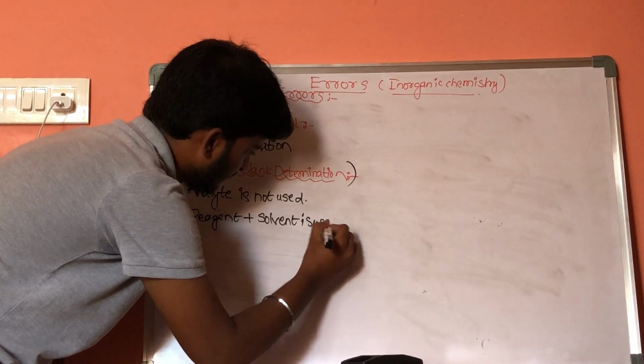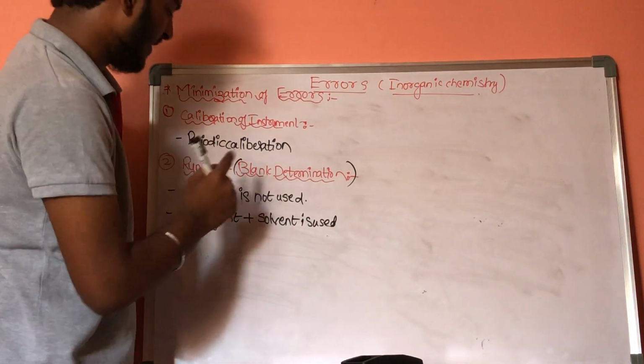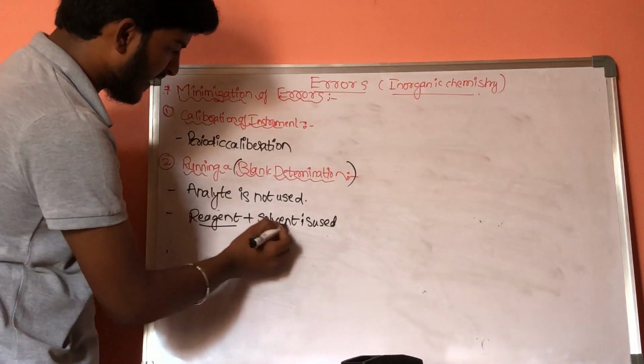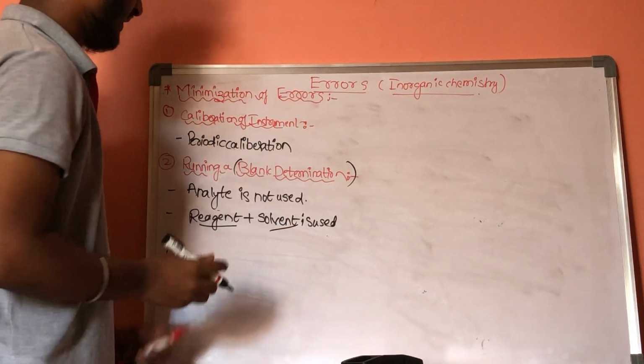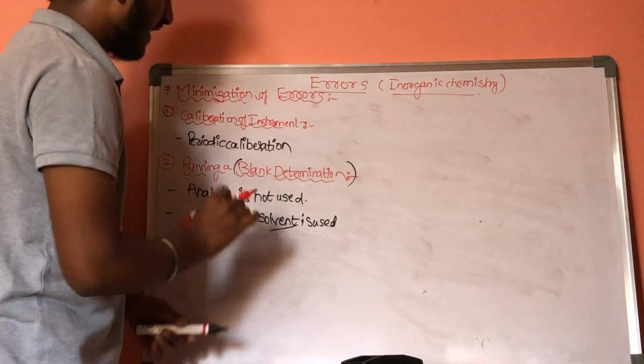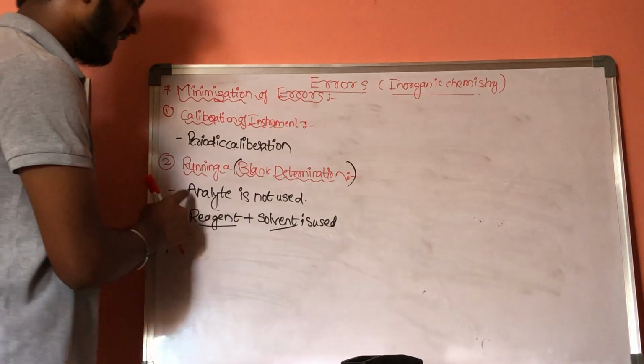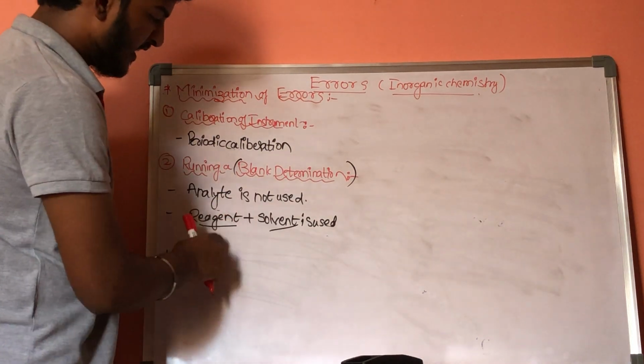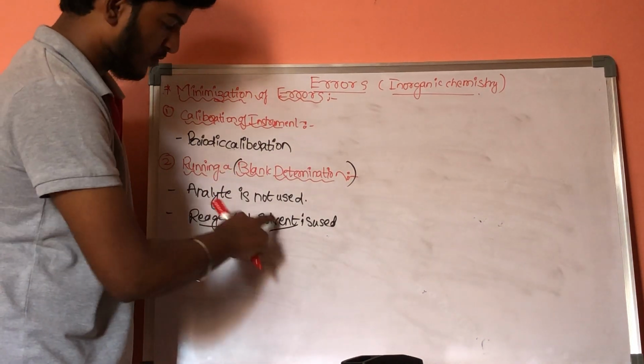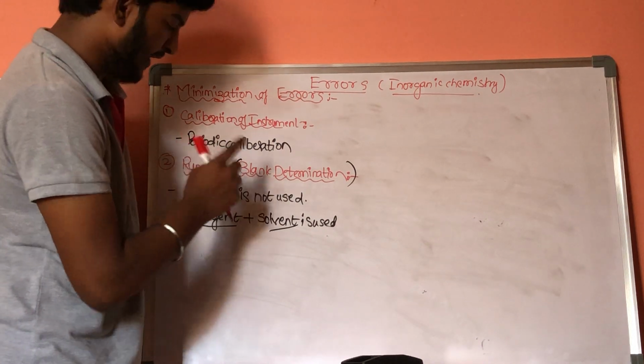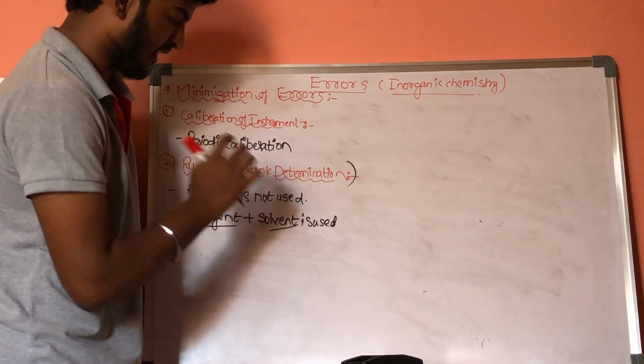These are used to minimize the errors which are present in reagent and solvent but not in analyte. This is running a blank determination method. Here the analyte is not used, only reagent and solvent are used, and these are used to minimize the error which is present in reagent and solvent.